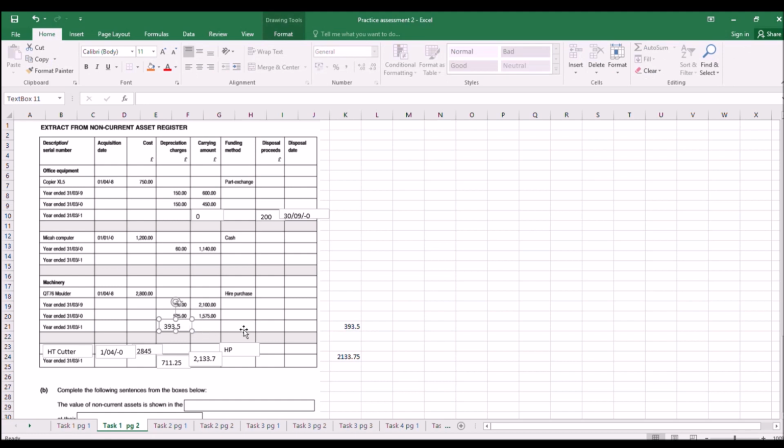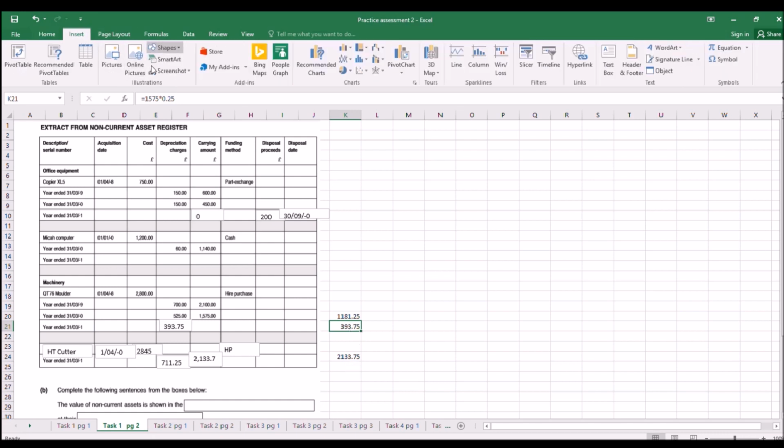Oh, hang on a second, 0.75, sorry. And then also, one way to check this, 1575 times by 0.75. See that didn't come out as the same figure. So okay, that would be our carrying figure.